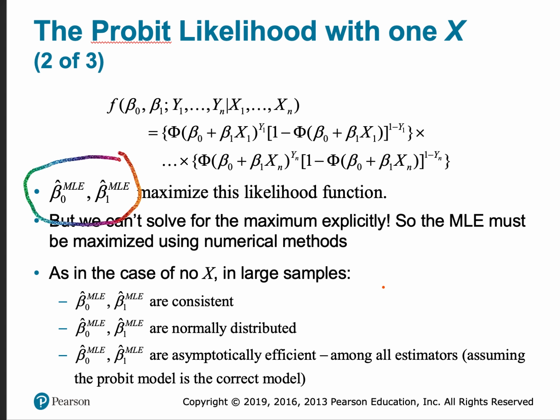As in the case of no independent variables, no regressors on the right hand side, in large samples beta naught hat, the coefficient on the constant regressor, and beta 1 hat are consistent, they are normally distributed, and they're asymptotically efficient among all efficient estimators, assuming the probit model is the correct model.